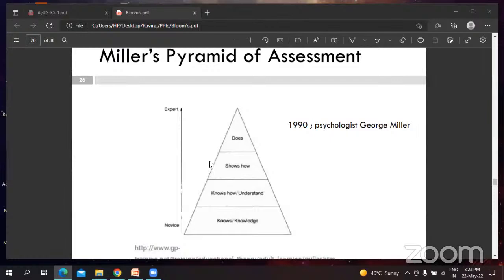Now the level next to this is shows how. You know what blood pressure is. You can define blood pressure. You know that this is a sphygmomanometer, this is a cuff, this is a bulb, and this is a mercury manometer. You can describe the process of measuring blood pressure. But I'll ask you to show how blood pressure is measured, then describe the process.